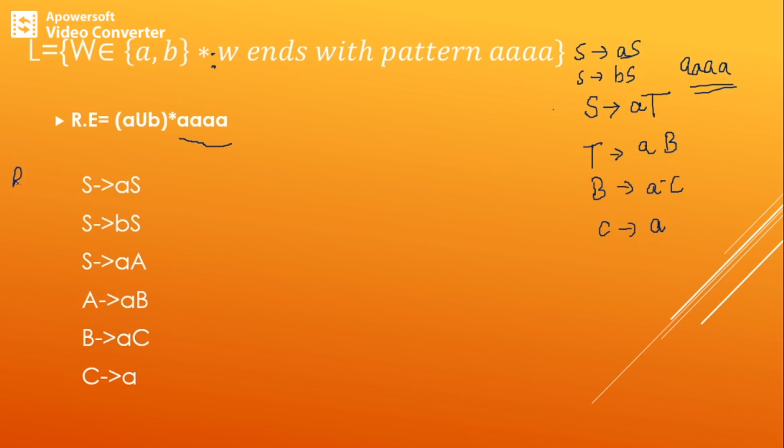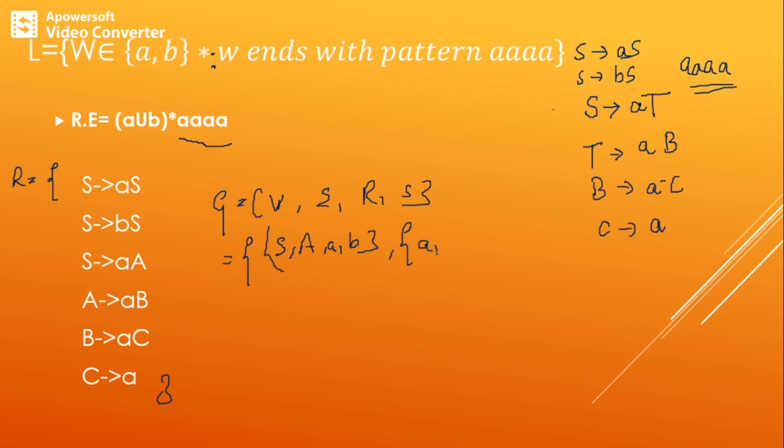So R is nothing but this. So we can write the quadruple G equal to V comma sigma comma R comma S. So what is V? S, A, comma B. So all the variables, non-terminals and terminals.